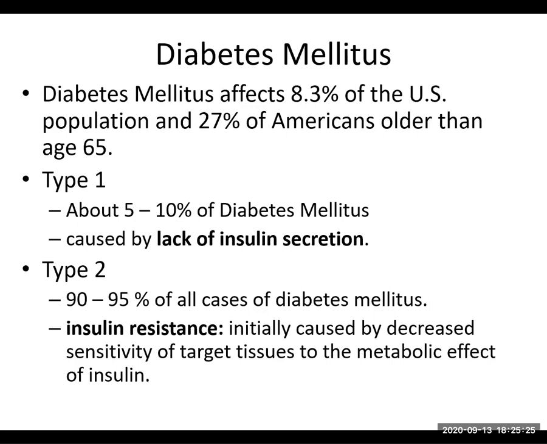So diabetes has two types. One is type 1 diabetes and the other is type 2 diabetes. Type 1 is the one where the patient has low production of insulin. So basically this is caused by a disease that damages the beta cells.